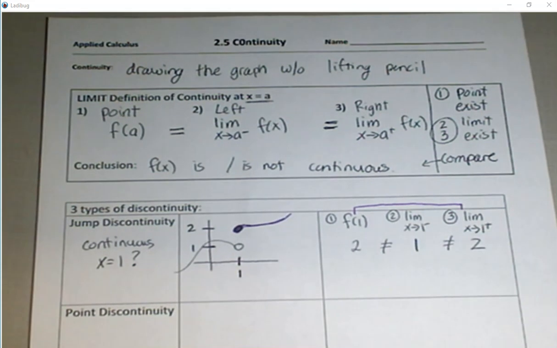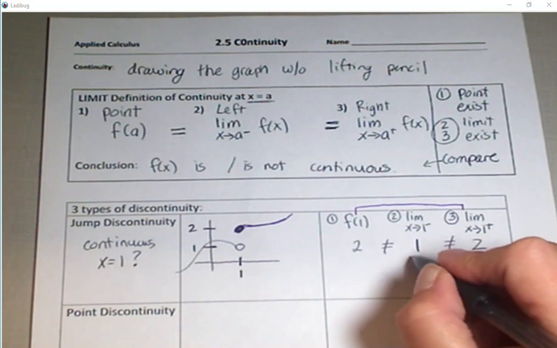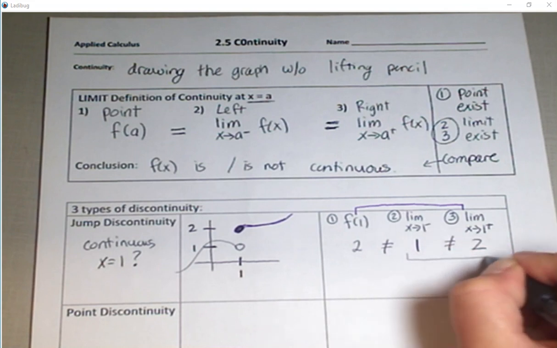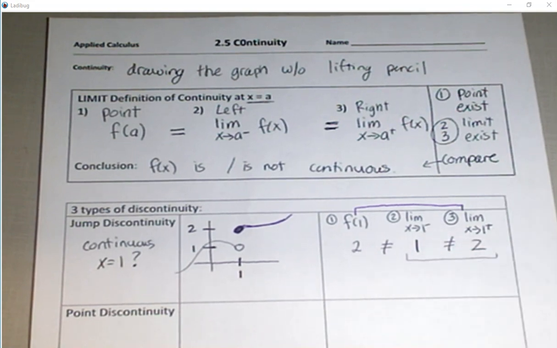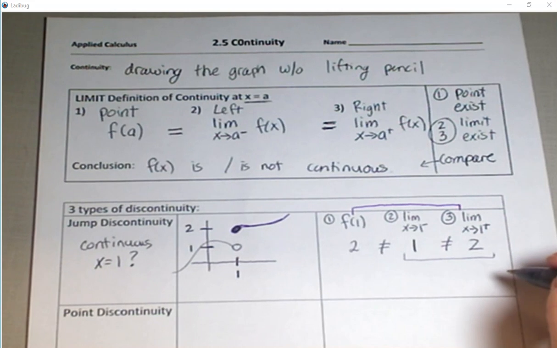Well, they're not equal, but based on the comparison, you have to envision the picture and figure out what kind of discontinuity it is. So the limit from the left and the right are not equal.